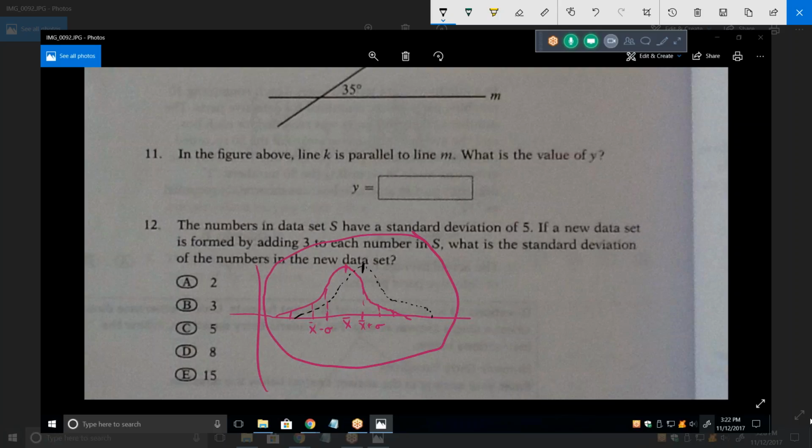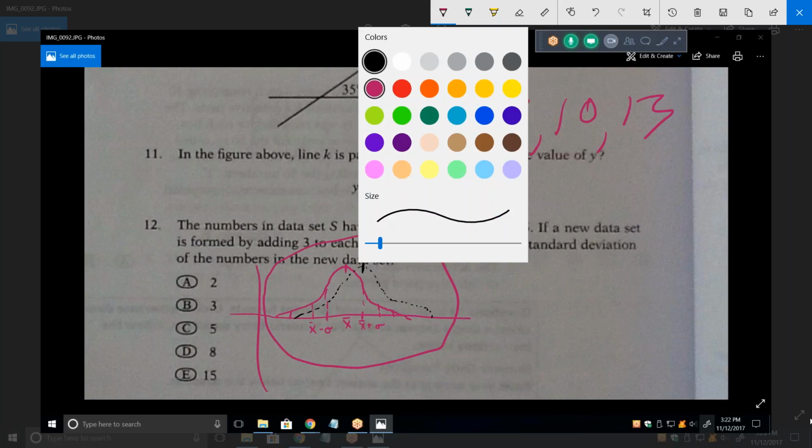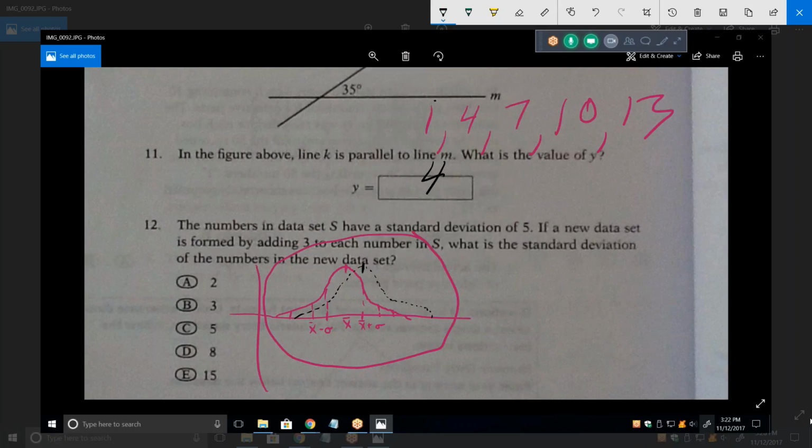Let's say the pink was 1, 4, 7, 10, 13, and so forth. And if I add 3 to each of them for the black, I've got the same spread.